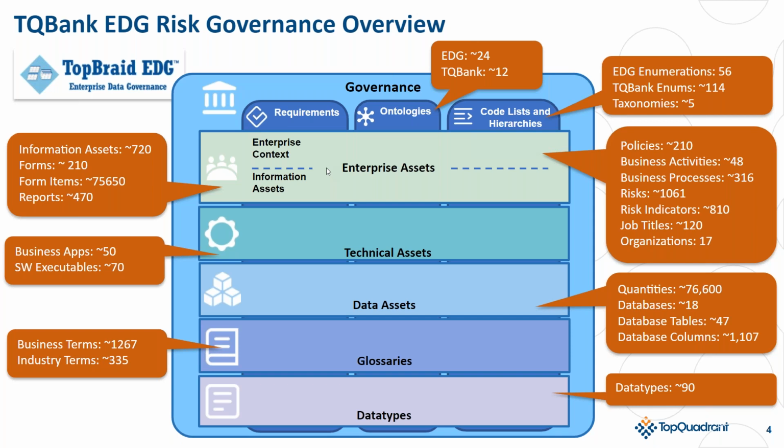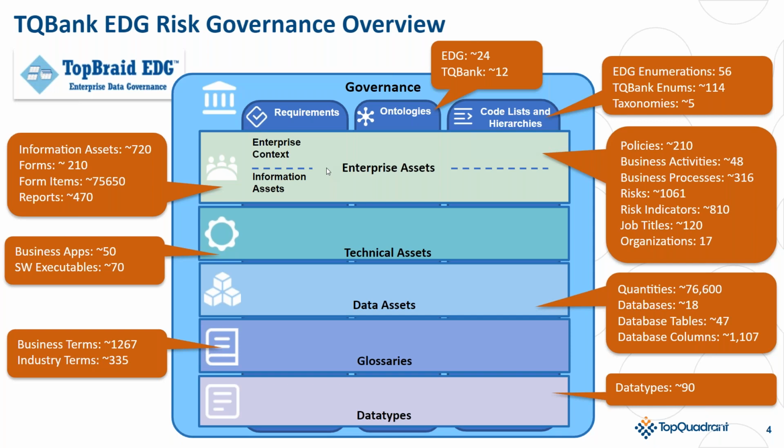As you can see, there are multiple assets that are related to risk governance. If we start at the top, the enterprise assets, there are approximately 720 information assets, around 210 forms, form items, reports, policies, business activities, and business processes.